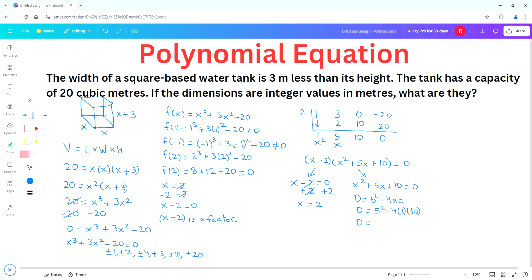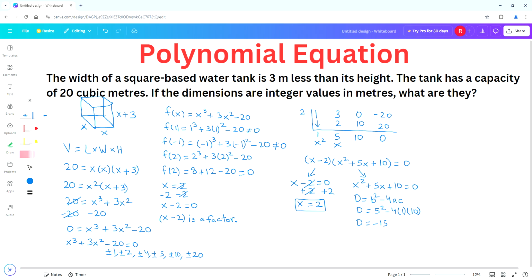This is equal to negative 15. Therefore, the second factor has no real solution. So the only x value we have is x equals 2.